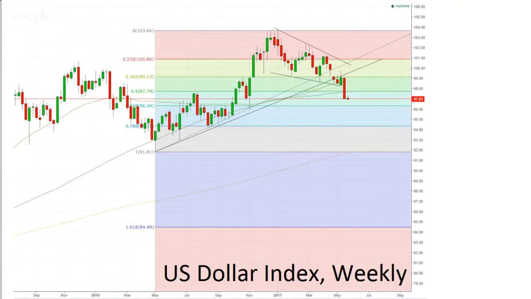We can see that the US dollar index has slid below the 50-week moving average and then 100-week moving average, which is located at 97.65 and now is at the 97 point.